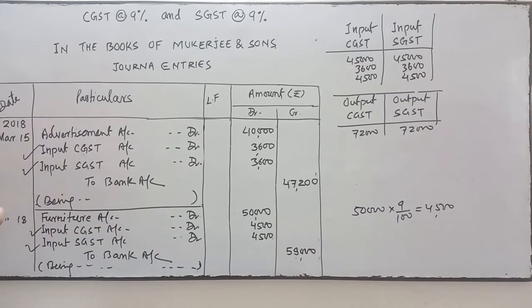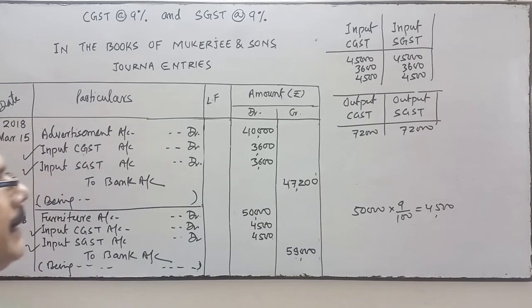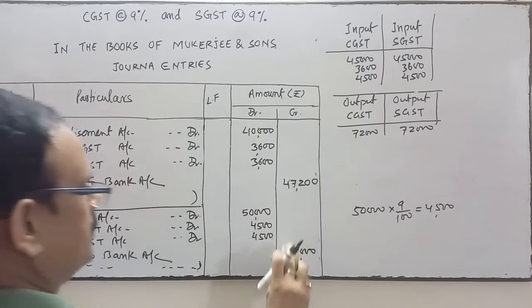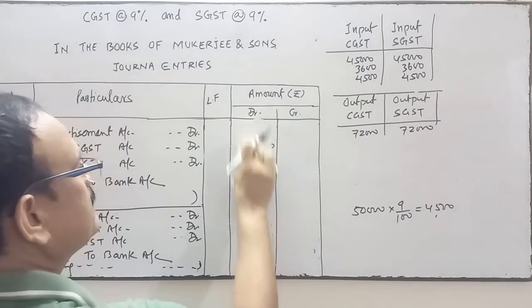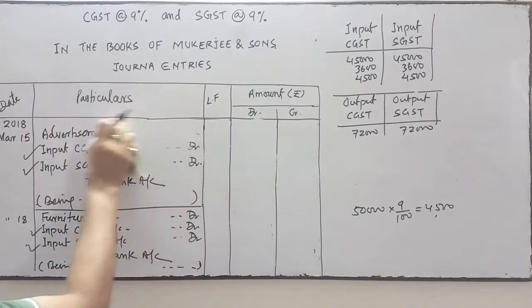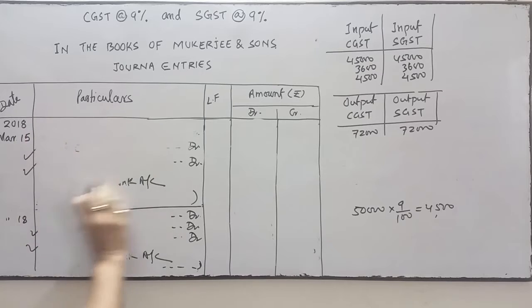So up to this transaction, total CGST and SGST paid by us is this much. Now coming to the next transaction. I am erasing this space.